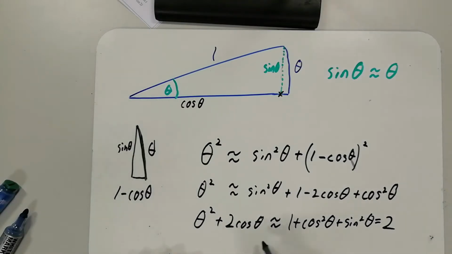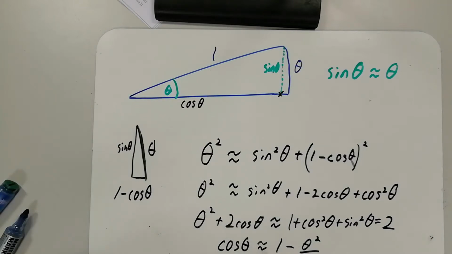Excellent. We now want to make cos theta the subject of this, because remember we've already got our approximation to sine theta. We wanted an approximation to cos theta. So we can see that cos theta is approximately equal to 2 minus theta squared all over 2. We've got our very good approximation of cos theta.